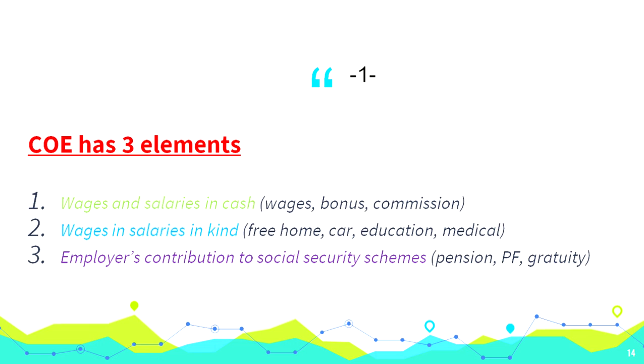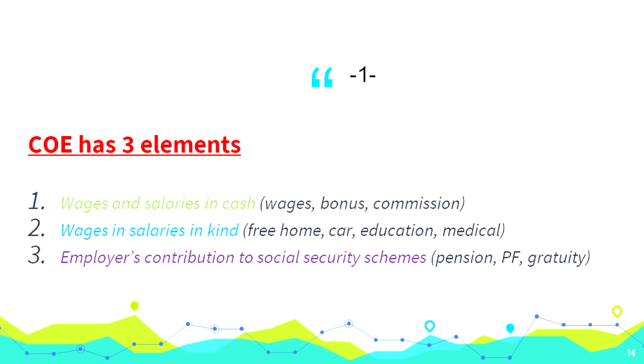Now third one is employer's contribution to social security schemes. Now when we say social security schemes, it means the employer also ensures the safety and security of life of employees.